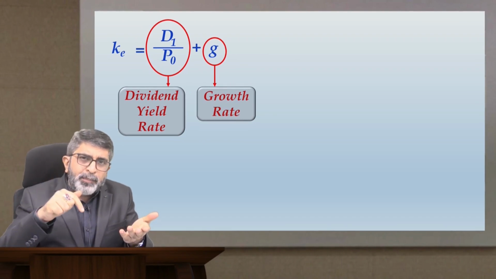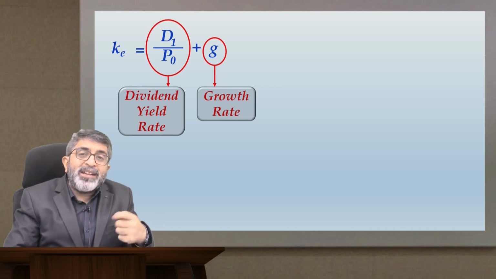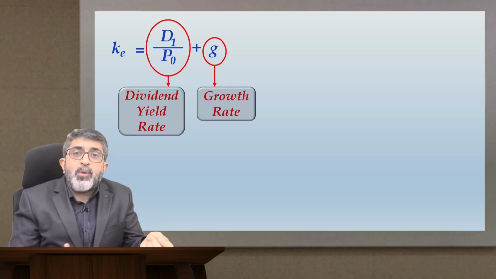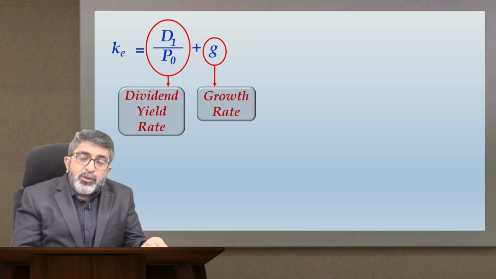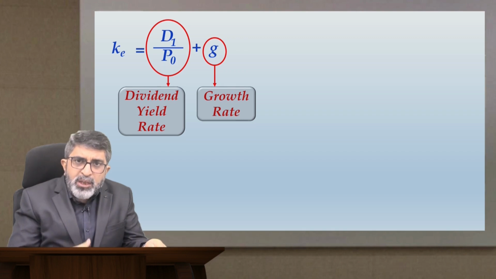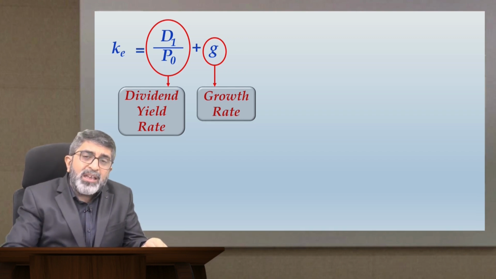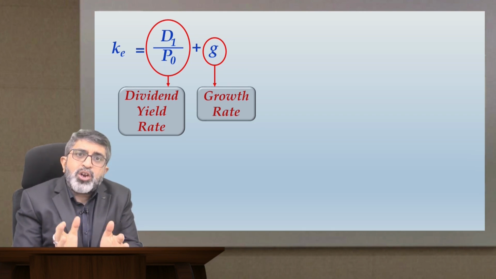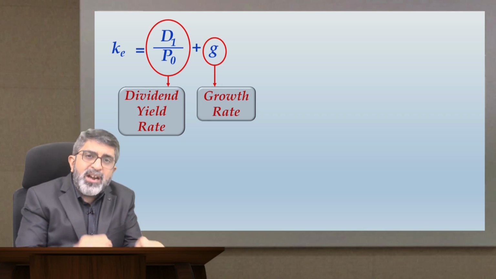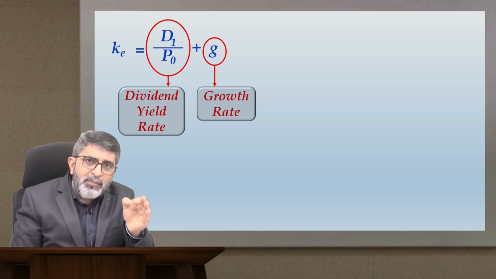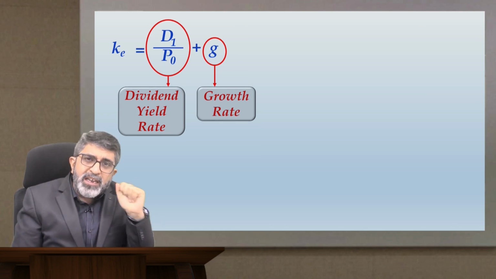See, P0 is the price of the share that you will spend or invest today, and D1 is the dividend income that you will get after 1 year. So whatever money you are investing now, the income you will earn on it in 1 year is your yield. That yield is owing to the dividend, and therefore the D1 by P0 ratio is called dividend yield.